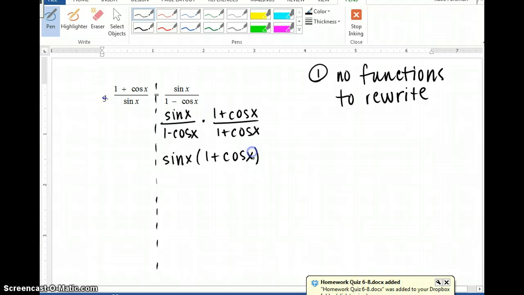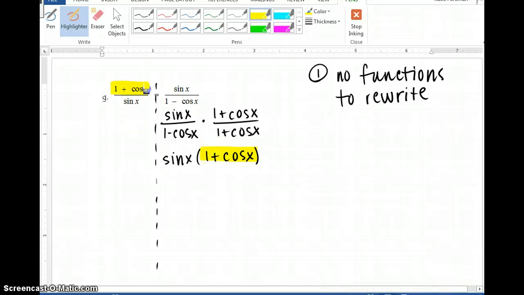So I had suggested not to distribute the sine, and the reason being, if we look at what is here right now, 1 plus cosine of x, I need 1 plus cosine x in my numerator on the final step to prove it. So don't distribute the sine, because if we're looking at the parts of the numerator, this sine should cancel out eventually. So I'm going to leave it in factored form.